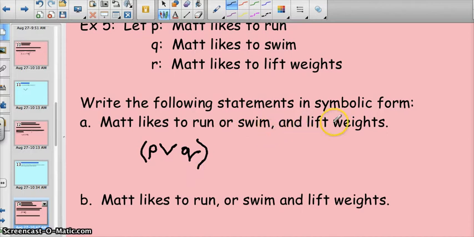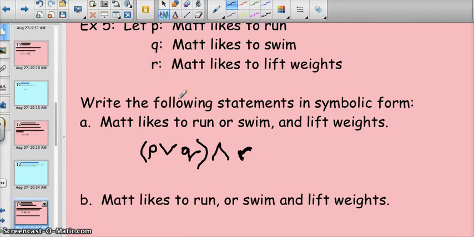We'll finish it with and lift weights. And is the conjunction, and Matt will lift weights is R. And that's how we would write that out symbolically.